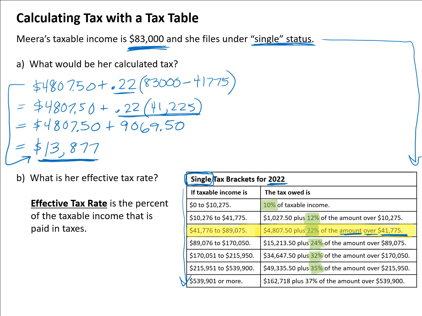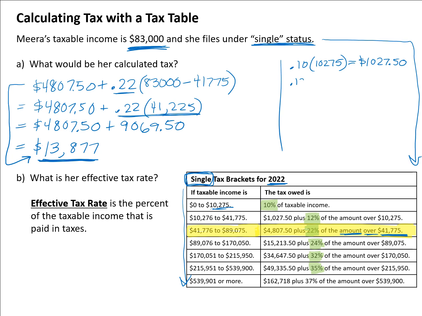So in this case, Mira was charged 10% of her first $10,275. If we actually work that out, 10% of $10,275 means that she was charged $1,027.50 at 10%.